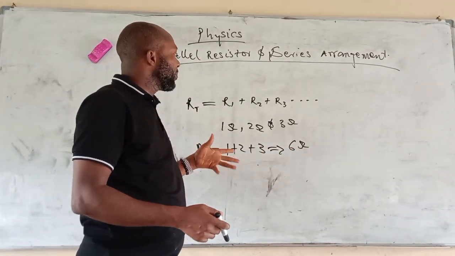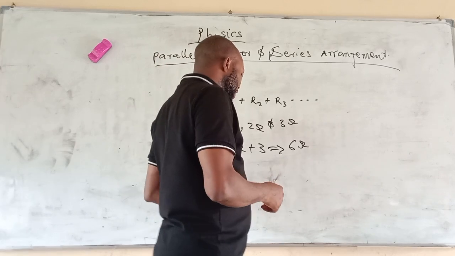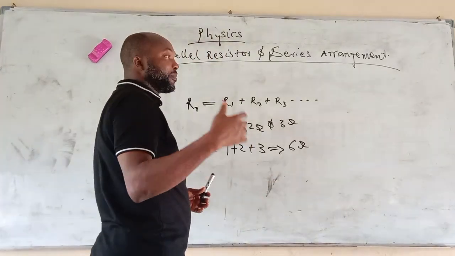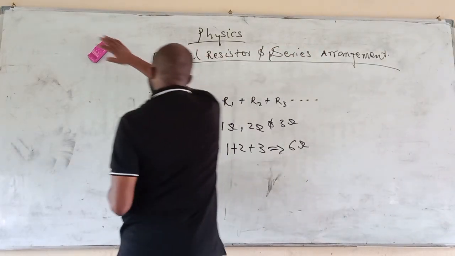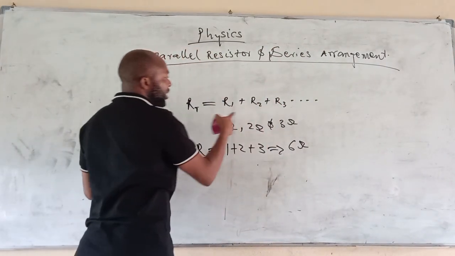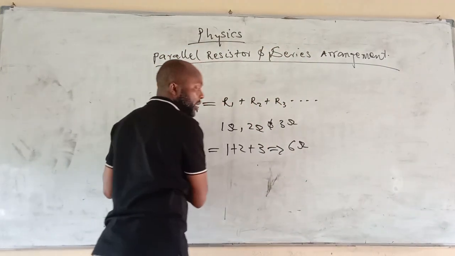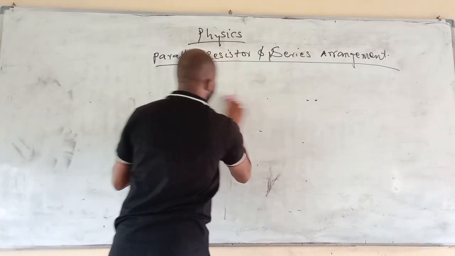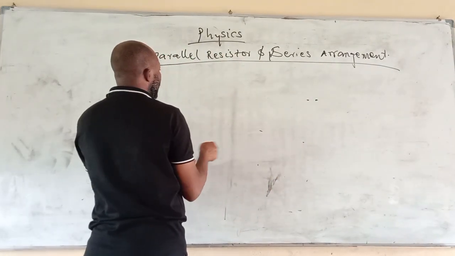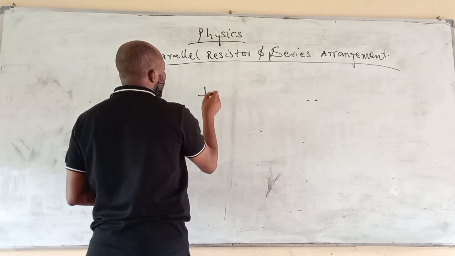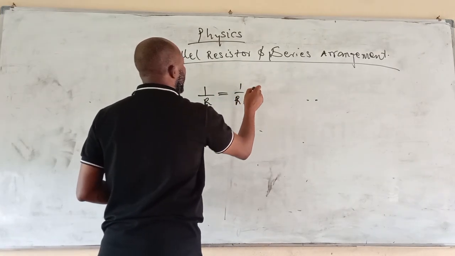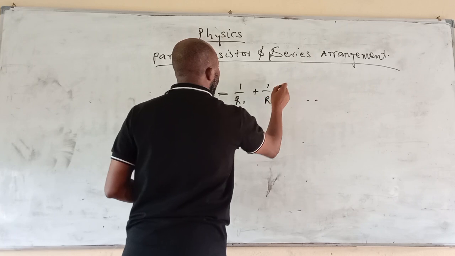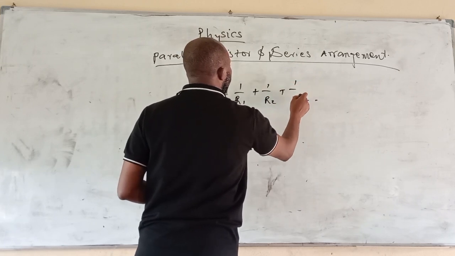But if we are asked to arrange the resistors in parallel, it means that the arrangement differs. This is how it will be. In parallel, 1 over R becomes 1 over R1 plus 1 over R2 plus 1 over R3.